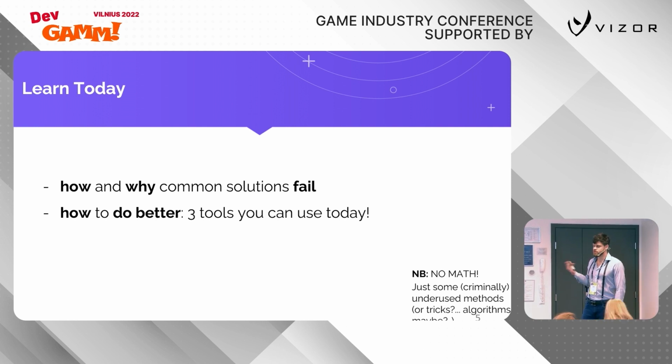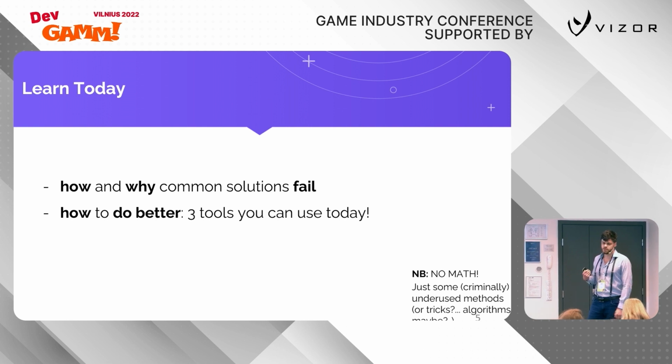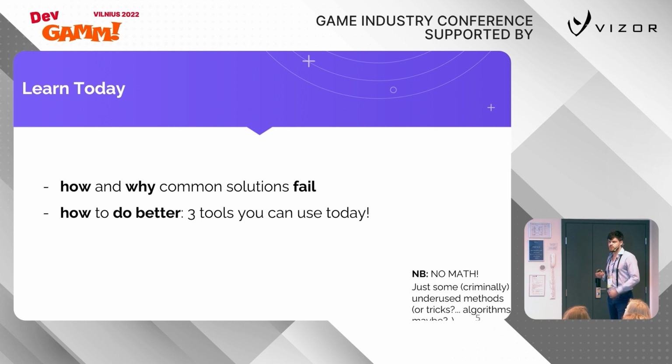And of course, we're going to talk about better ways, and I will give you three tools that you can start applying today to have better solutions for these problems.